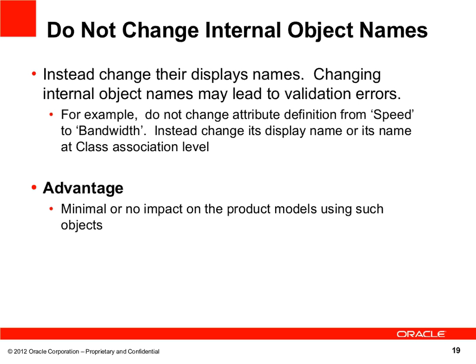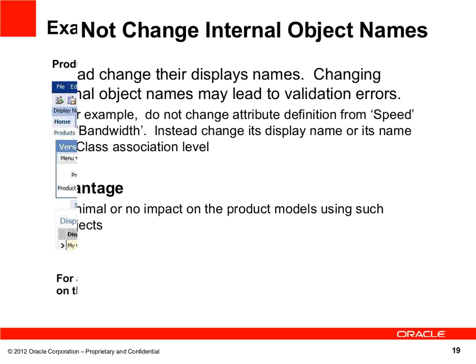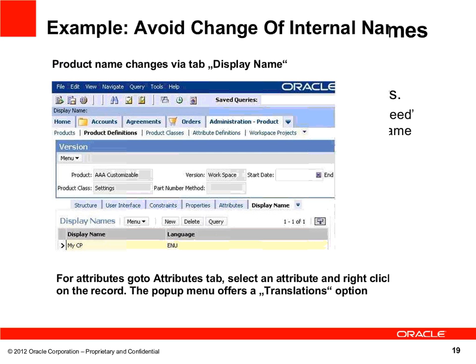Don't change it because it can sometimes become a problem for validating new product models or existing product models if you make such changes. So what we usually recommend is make your changes on the display name, but don't change the internal name. How to change the display name?